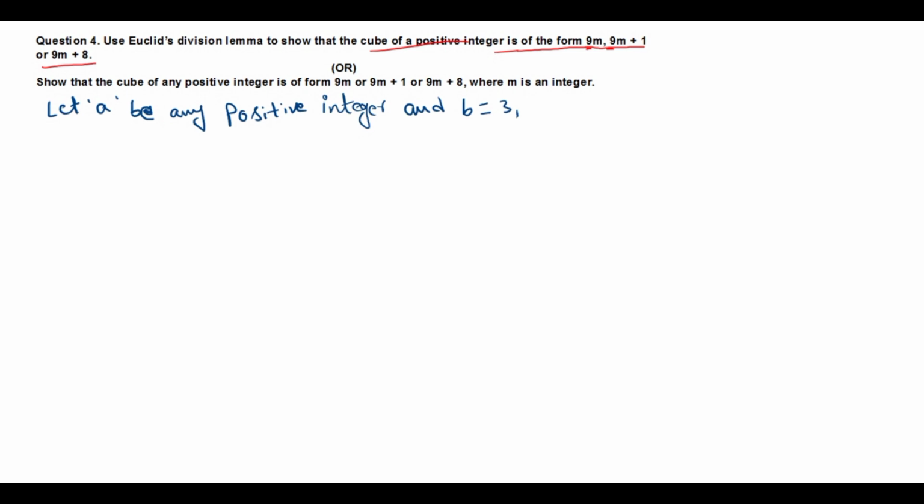Because the remainder r satisfies 0 less than or equal to r less than 3, that means 0, 1, 2 are the remainders. So only 3 cases we need to check. Then what is the division algorithm here?